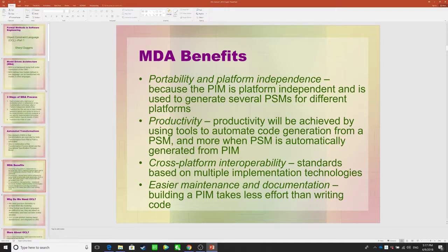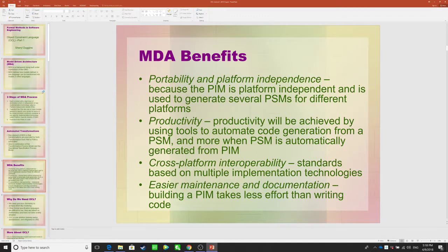So the benefit of this MDA is productivity. Of course, using tools, we can automatically code a system. I think that's the main benefit. Also portability and platform independence; a lot of things have that feature, like when you're using some programming language such as Java, a lot of them are platform independent.